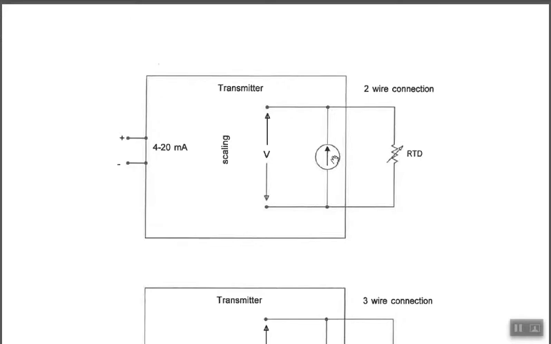You're going to power up the RTD with a constant current source. So as you flow constant current through a varying resistance, you're going to get variable voltage that's measured here. And the variable voltage is going to represent the varying temperature out here.